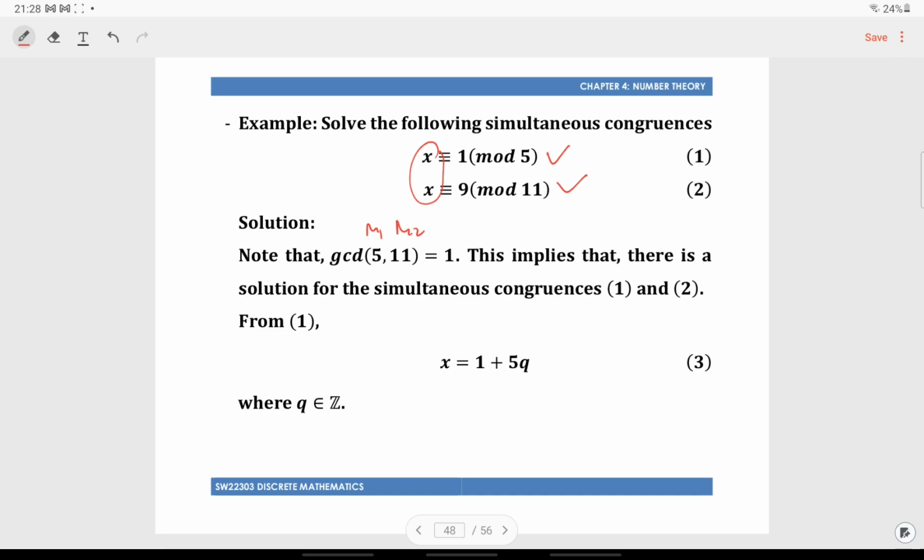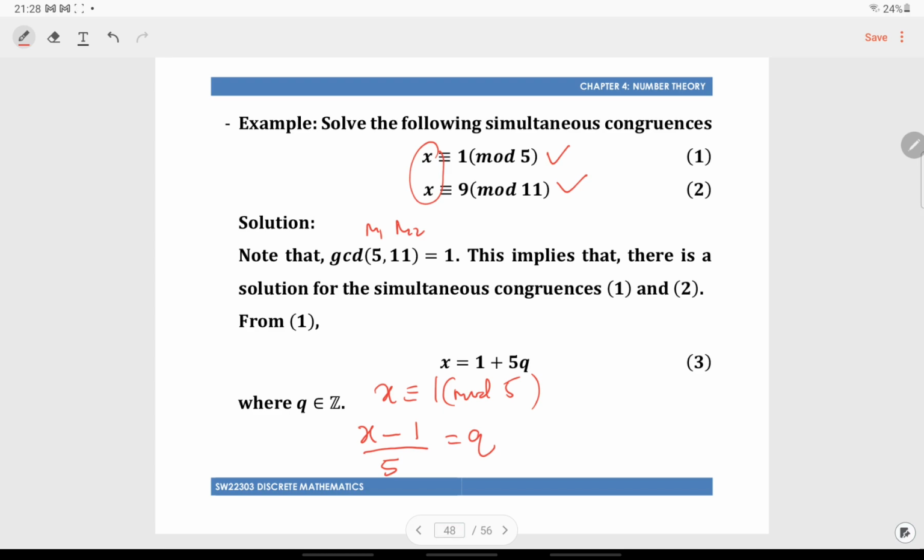So we go back to the definition of congruence relation. X congruent 1 mod 5, based on the definition, means that (X minus 1) divided by 5 is equal to q.